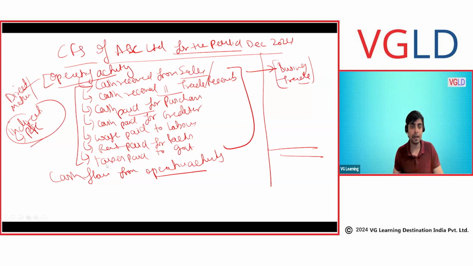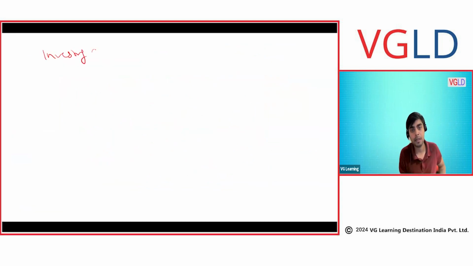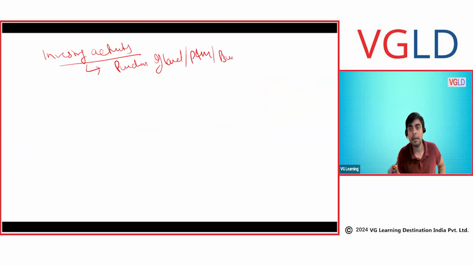Now, if we are covering operating, let's also cover the investing and financing. Investing activity: basically purchase of land, plant and machinery, building, motor car.